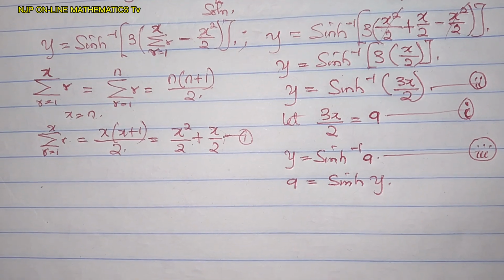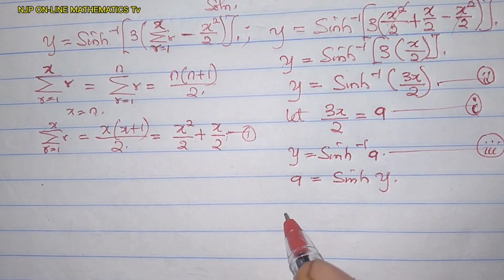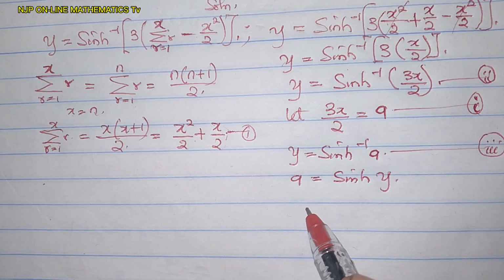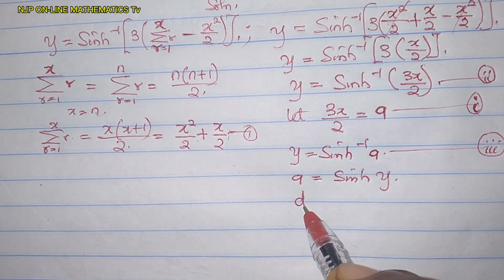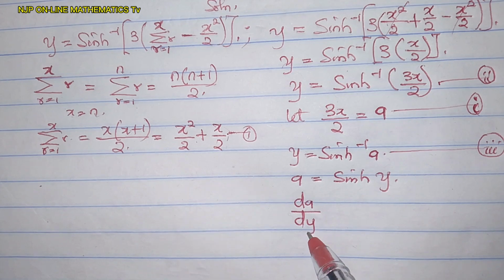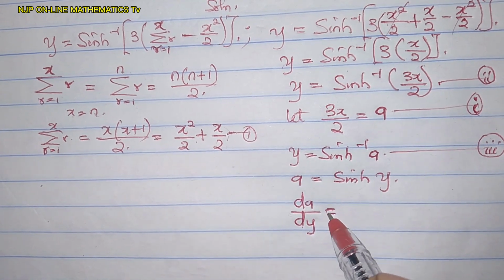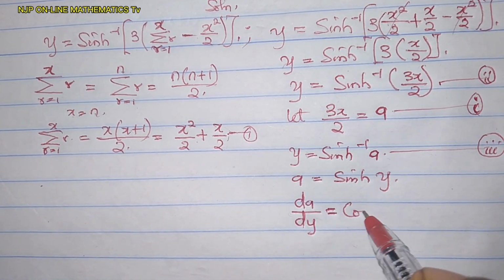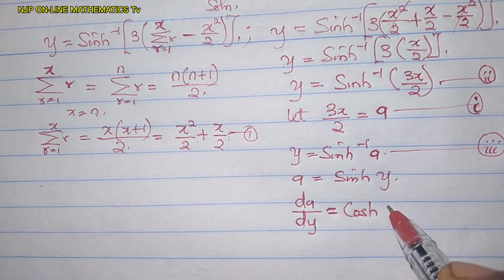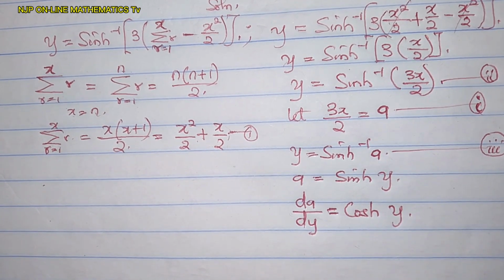Therefore, if we continue differentiating, we'll have that dA over dy equals cosine y.